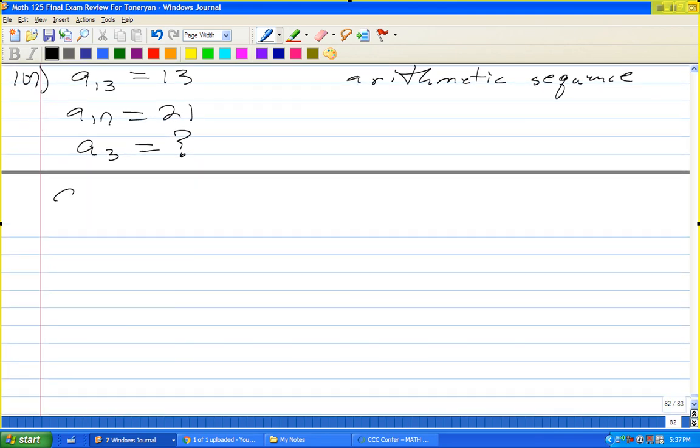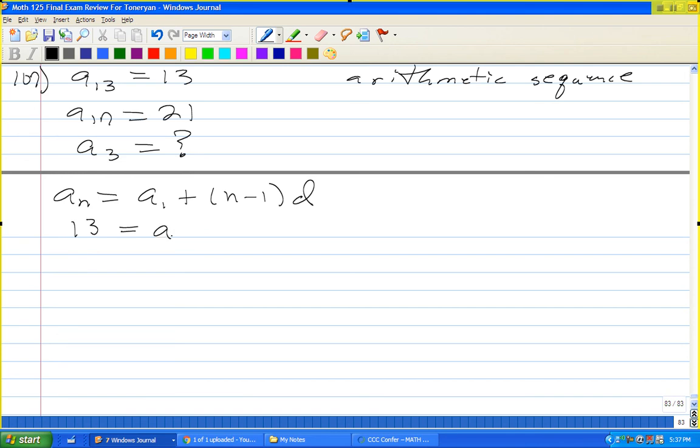And so, a sub n is equal to a sub 1 plus n minus 1 d. And so, I know that the 13th term is equal to 13.